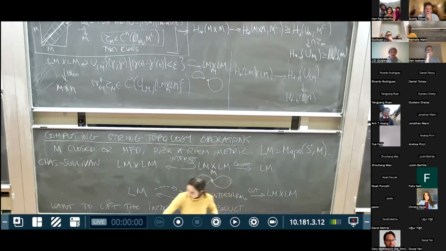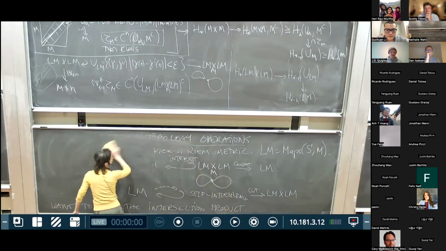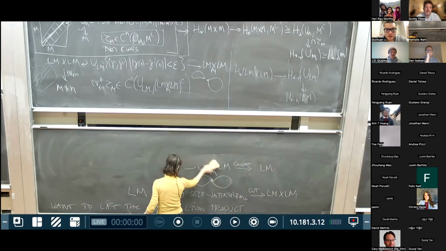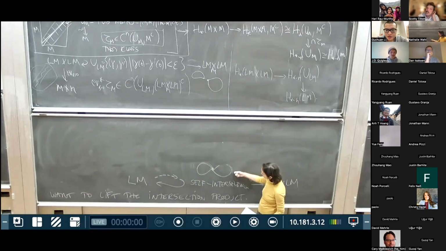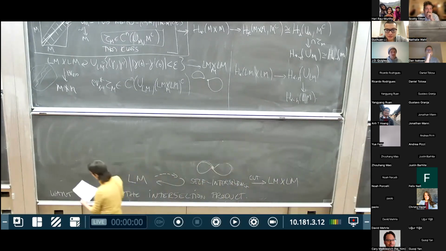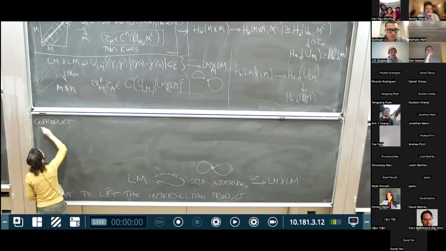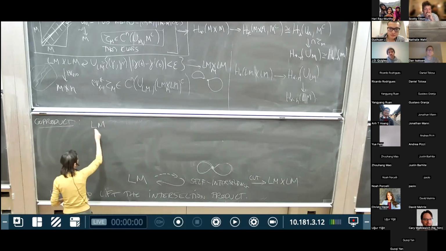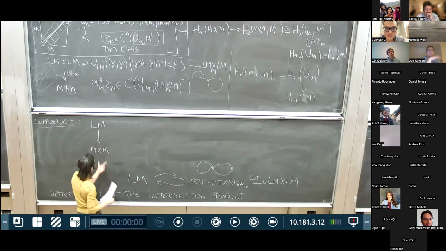Maybe let me also say a few words about the coproduct. For the coproduct, I said you could consider the same picture with a self-intersecting loop. The first guess you might take: I start with my original space, which now would be LM, a single loop, and I want some sort of evaluation map to M cross M if I want to pull something back from here.